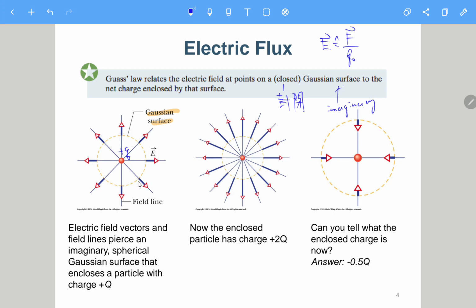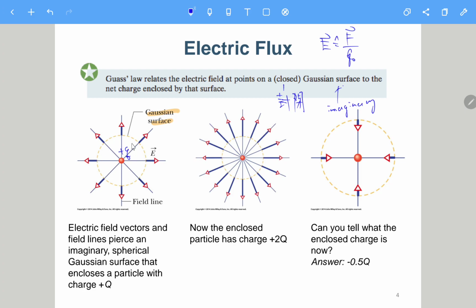Okay, so for simplicity, you just choose a spherical Gaussian surface. Of course, it should be a sphere because it's a surface rather than a circle. But on the paper we can only draw a circle here.